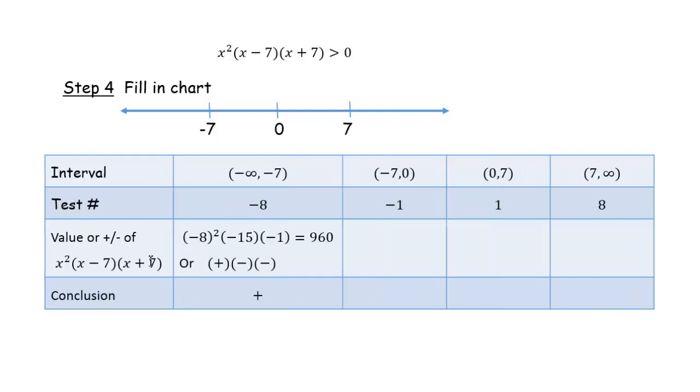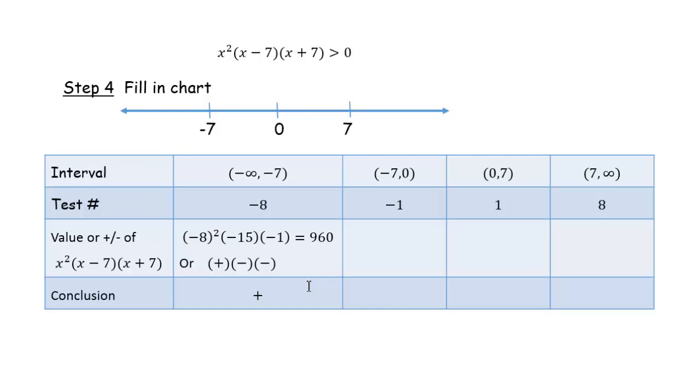For example, when I plug negative 8 into the left-hand side, one way to do this is to actually plug negative 8 in and get a number. Negative 8 squared times negative 15, that's negative 8 minus 7, and then negative 8 plus 7 is negative 1. Multiply that all out, and that's 960. But that number is meaningless. The only thing I care about is whether that number is positive or negative.